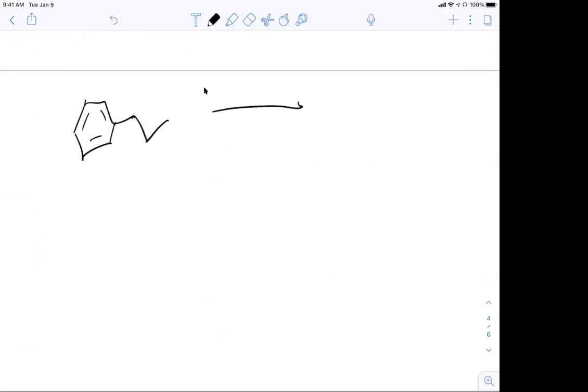So if we have a benzene, so similar stability. That's the allylic position. So this would be a benzylic position. Again, next to the benzene, the benzylic position is favored.